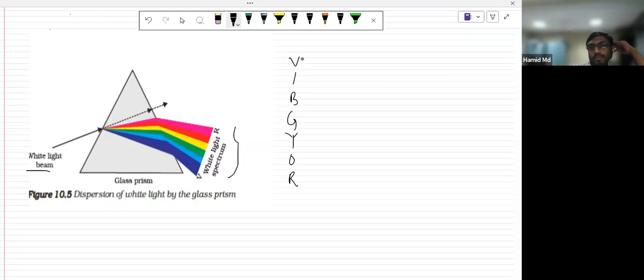Yes, sir. Which color is this? Violet. This is indigo, this is blue, this is green, yellow, orange, and red. So, can you tell me why the red color is being used at the red signal?